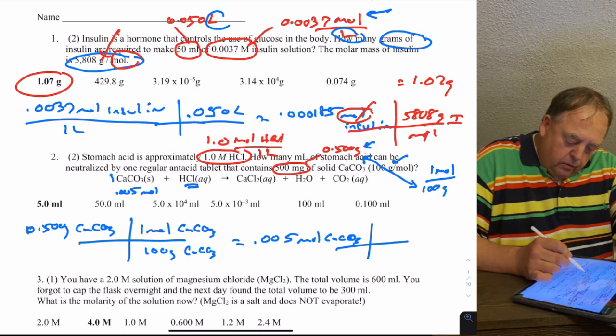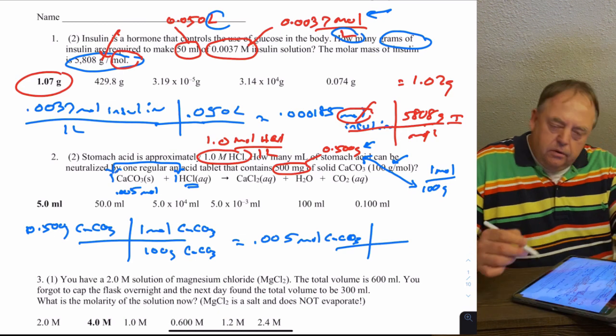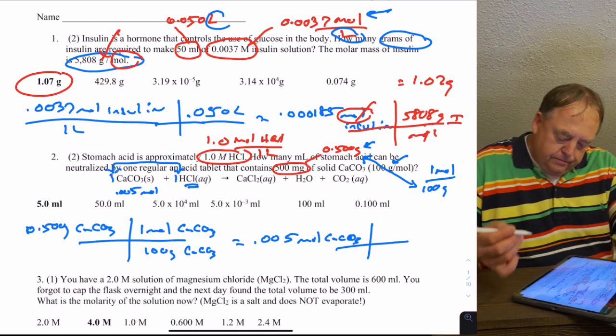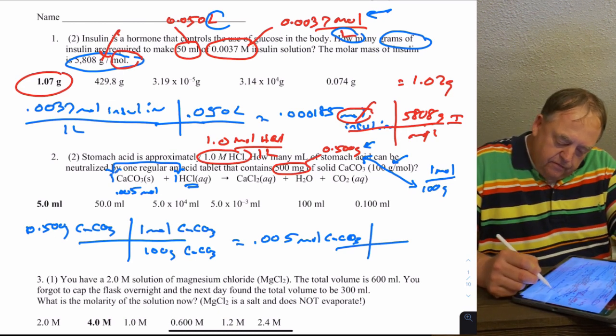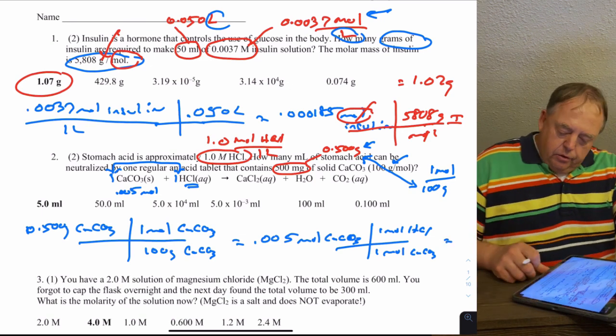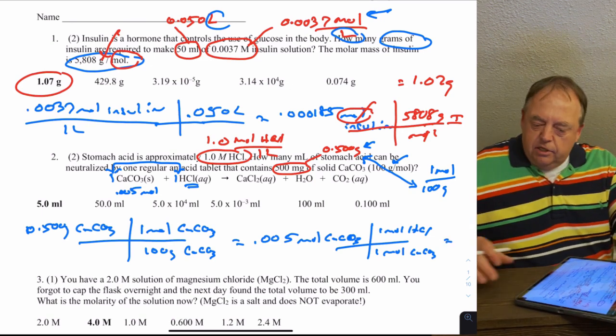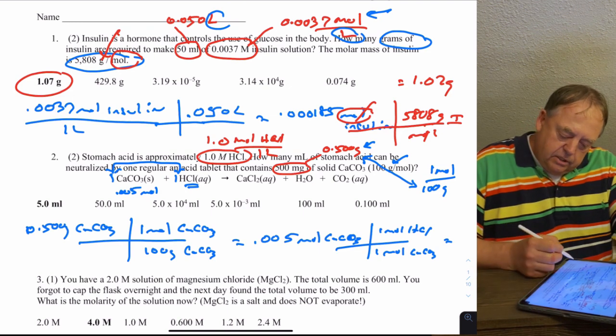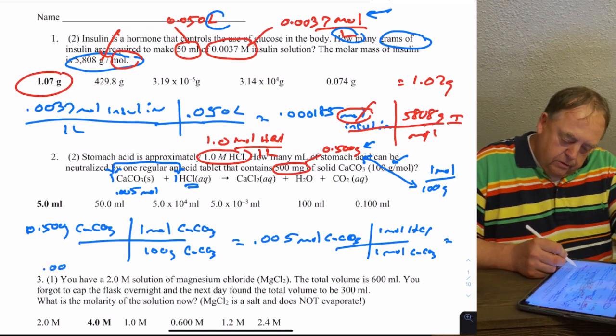There's a 1 here and a 1 there, so 1 mole of this needs 1 mole of that to react with. So if you do the conversion, 1 mole of HCl per 1 mole of CaCO3, you need the same number of moles of HCl as you have CaCO3, so 0.005 mole of HCl.